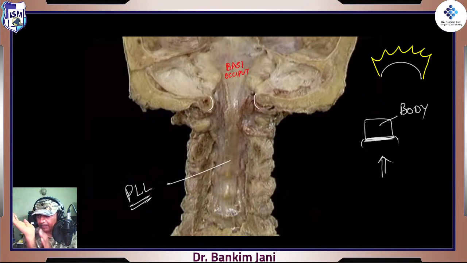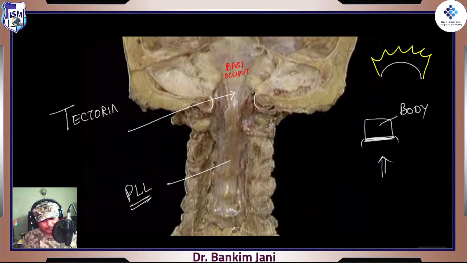Now think of it like this. The basi-occiput was here, then there was the foramen. So it means these fibers will start there and go all the way down. Consider that these are the vertebral bodies. So from the basi-occiput, fibers are going all the way down. These topmost fibers have been given a nice name, I don't know to impress whom, but it is called the tectorial membrane.